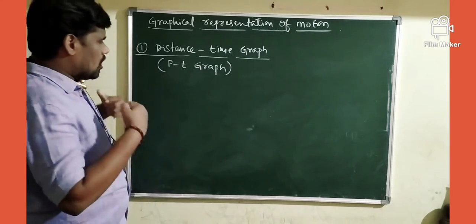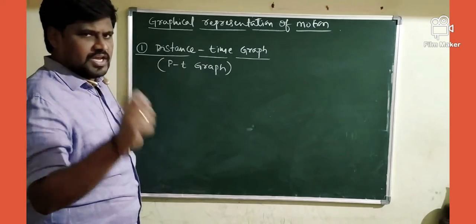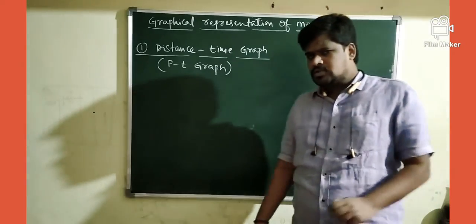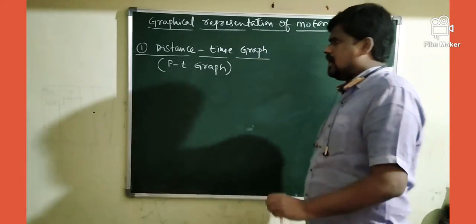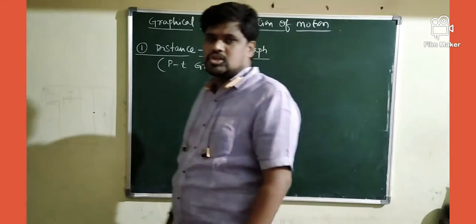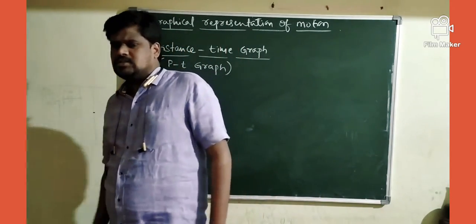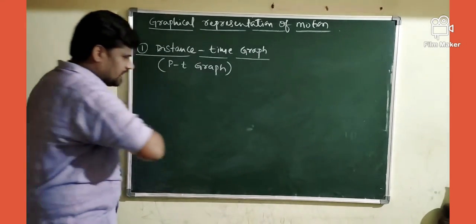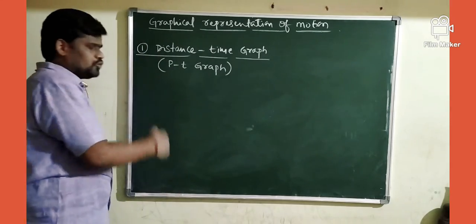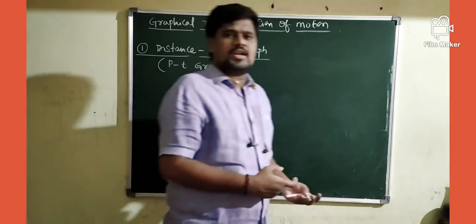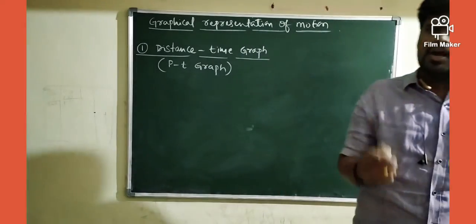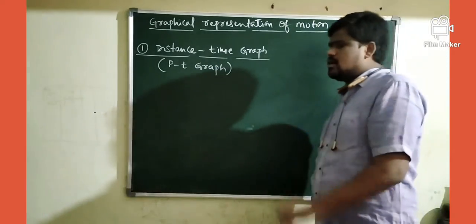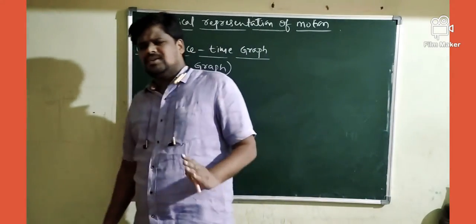To draw a position time graph, the change in position of a body should be taken along the y-axis, and time is taken along the x-axis. Whatever graph you obtain, we will call it a distance time graph, or a position time graph.